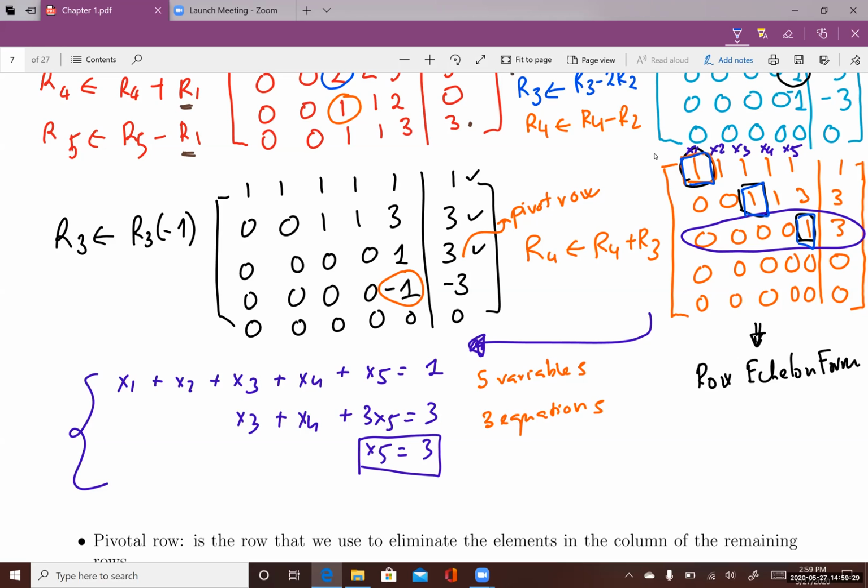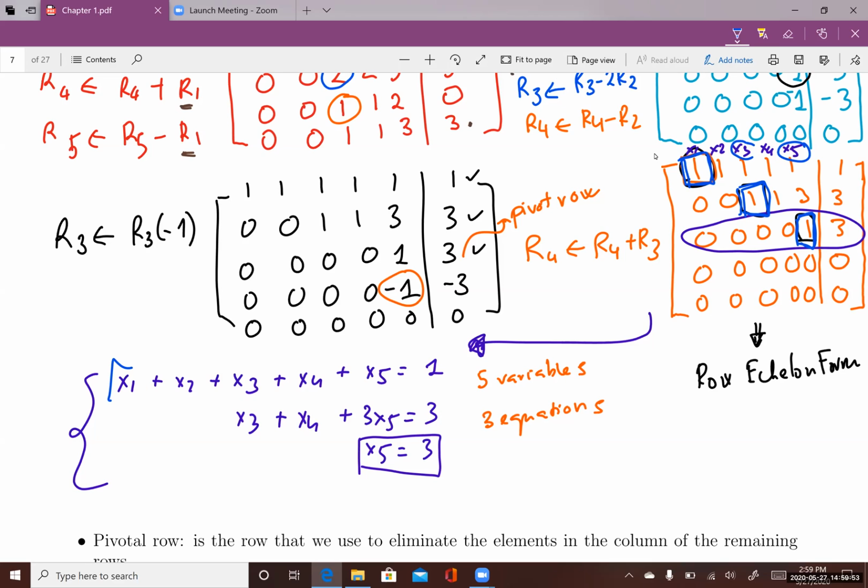And you can say that this pivot position corresponds to what they call the leading variable. For example, x1 will be your leading variable, x3 will be your leading variable, and x5 will be your leading variable.